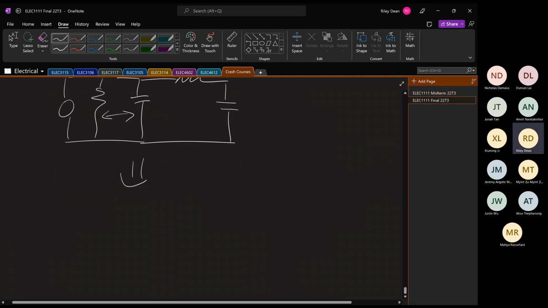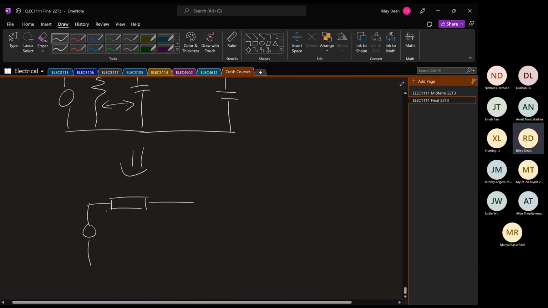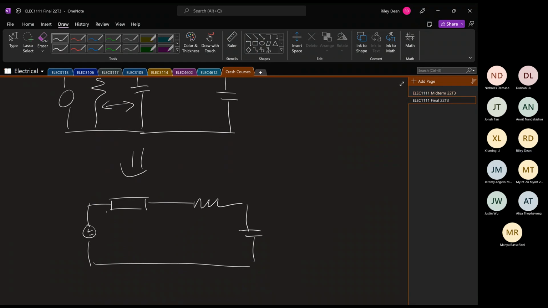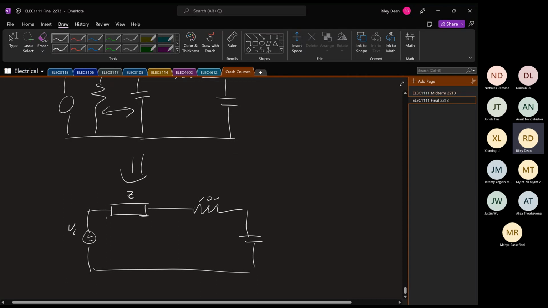Then you turn it into an impedance, and a resistance in series with a capacitance. And then you can just use voltage divider, actually. So this one will always stay as VI, however, this resistance will keep changing. That's a Z, that original 10 ohm, that's that J10.